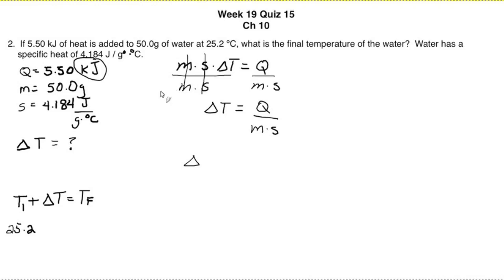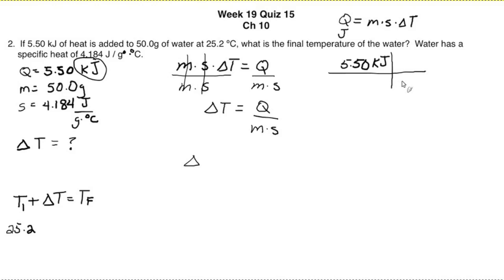And for this equation that we use, Q equals M times S times delta T, we need to work in joules and not kilojoules. So we need to take Q, which is 5.5 kilojoules, and convert that to joules.